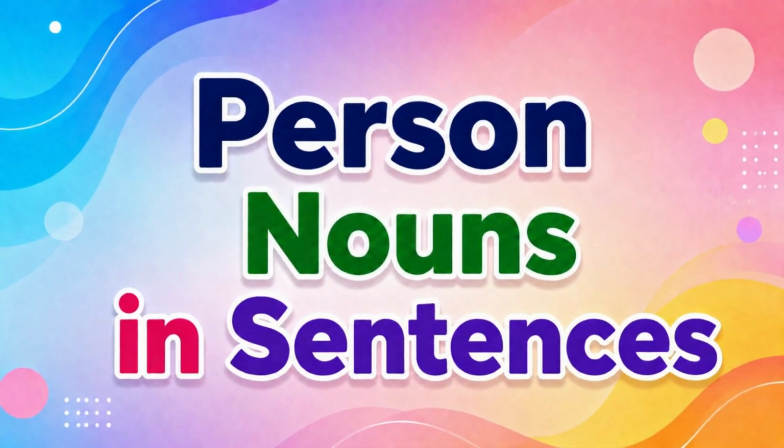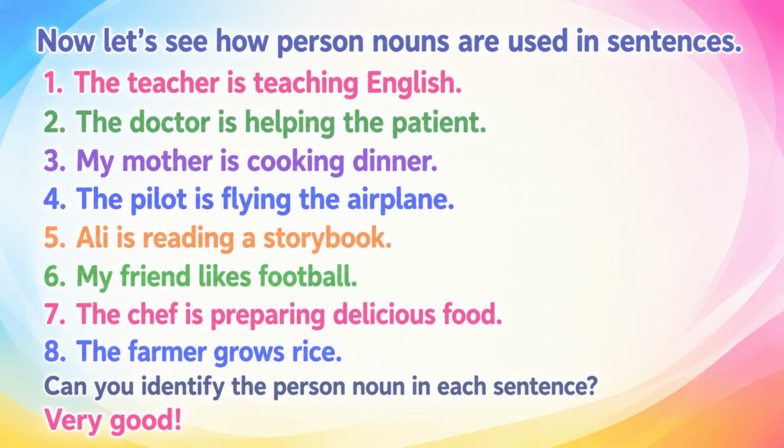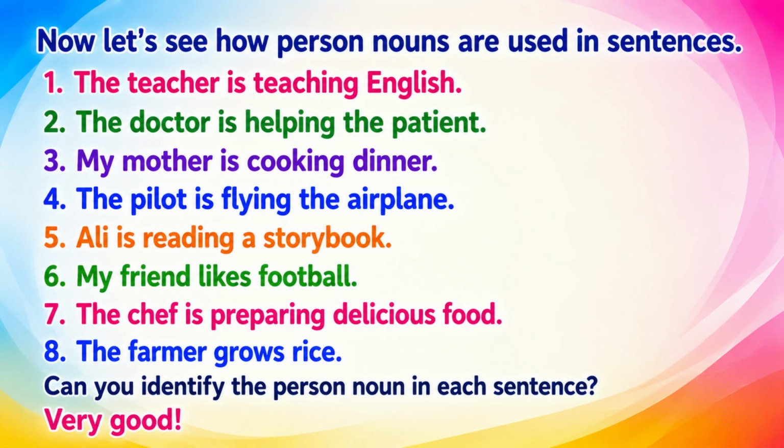Person nouns in sentences. Now let's see how person nouns are used in sentences. The teacher is teaching English. The doctor is helping the patient. My mother is cooking dinner.